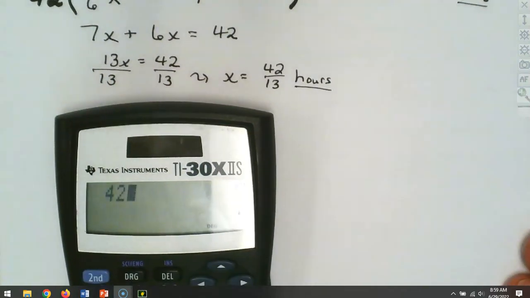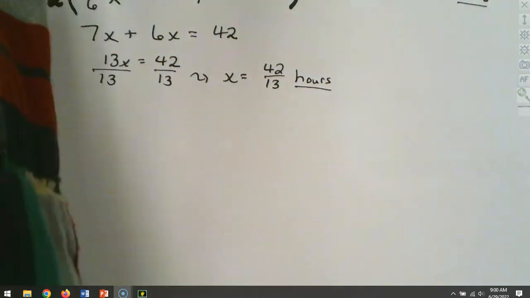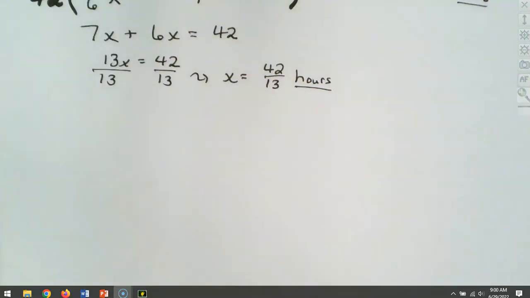When we take 42 divided by 13, that's a little over 3 hours. And that makes sense, right? Because Frank and James are close together in the same amount of time. Frank does it in 6, James does it in 7. So if we figured there were 2 Franks at 6 hours, that would be half, and that would be 3 hours to do it.